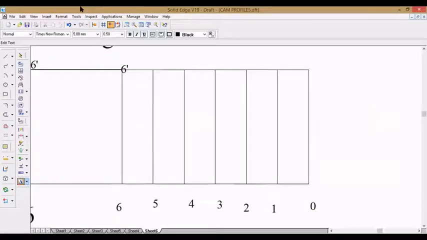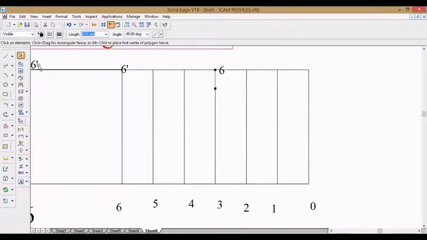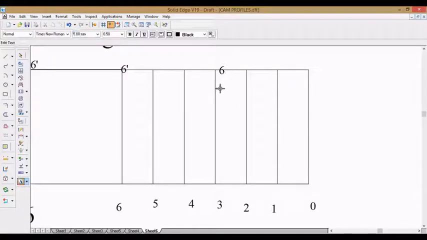Then in the vertical divisions, this will be 6, and where is the 5? Here is 5. So this is 5. Similarly, we get 4 here, 3, 2, and 1 we will get, and 0 finally.